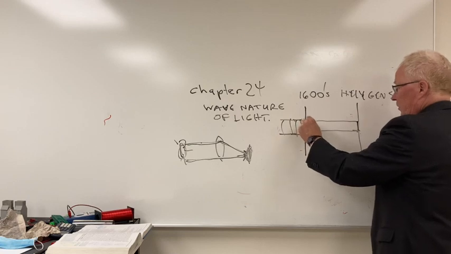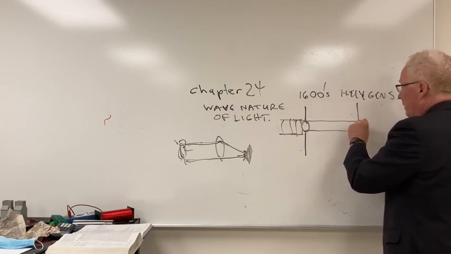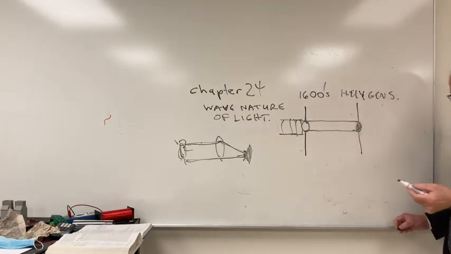So if you had a circular opening here, you'd have a circular light here, and it'd be dark around it.